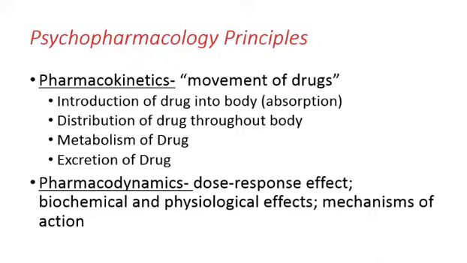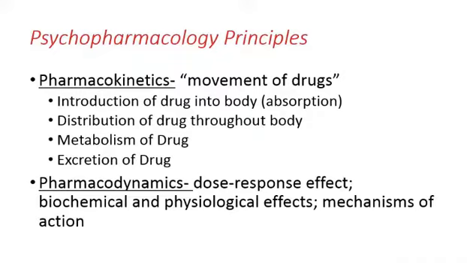When we're talking about psychopharmacology, we can break it down into two large branches. One branch is called pharmacokinetics, and the other is called pharmacodynamics. Pharmacokinetics is usually very intensively studied for any drug and simply refers to the movement of drugs as they come into the body and as they go out of the body.